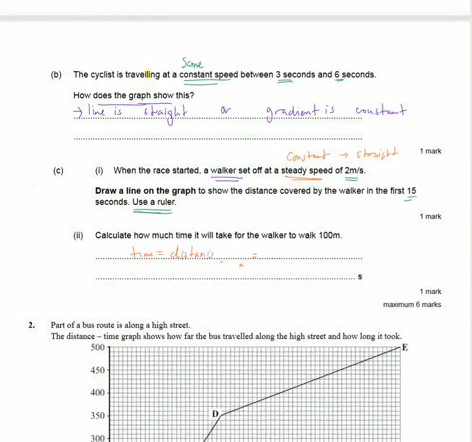Distance divided by speed, which is 100. Now the speed is 2 because it's traveling at 2 meters per second. So this will give us an answer of 50 seconds, and this will get us our answer. Okay, good. Let's move on.